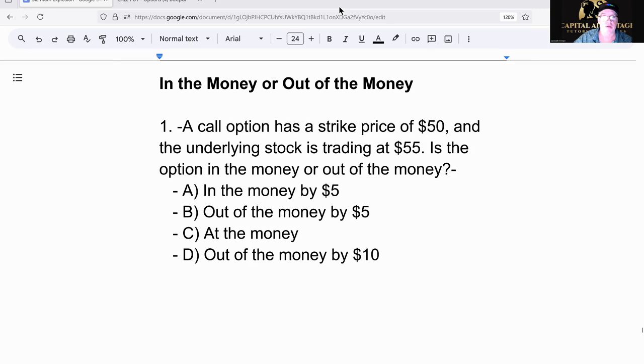So I have a little thing that I do. I go call, strike. Down here I do put, strike. If the market price is here, it's in the money, intrinsic.